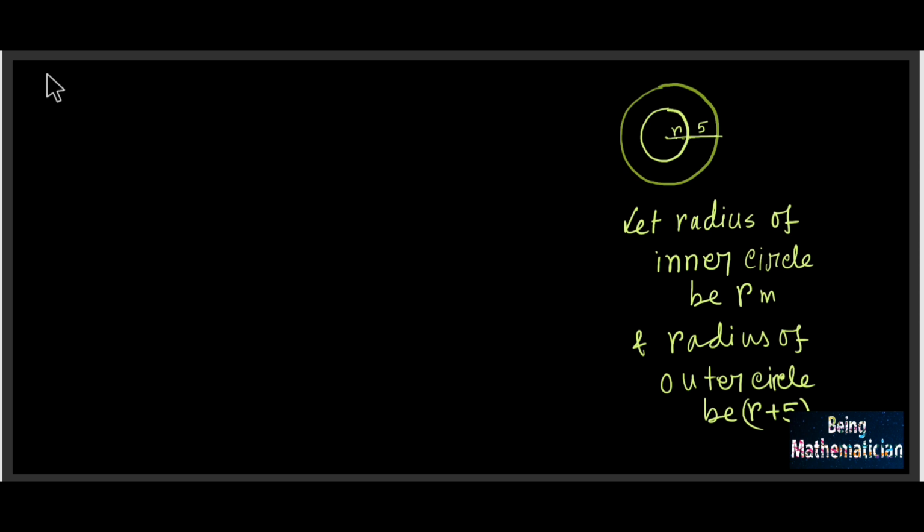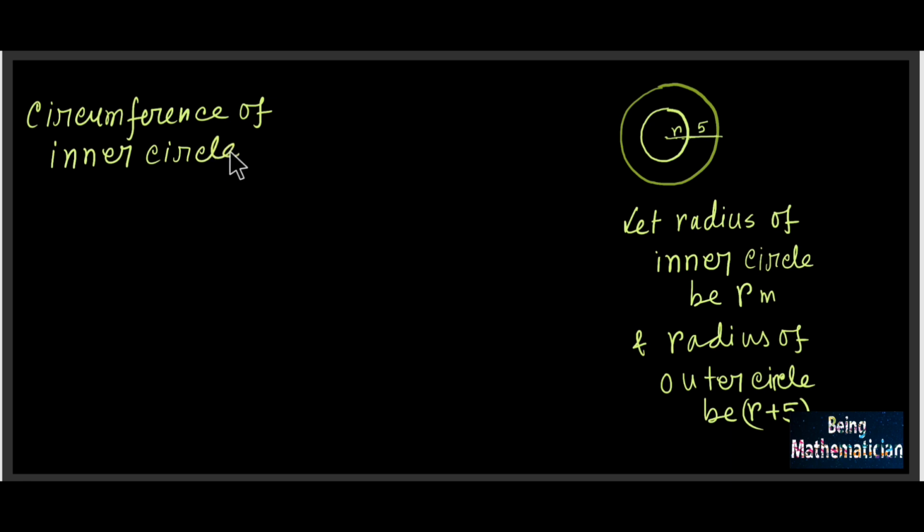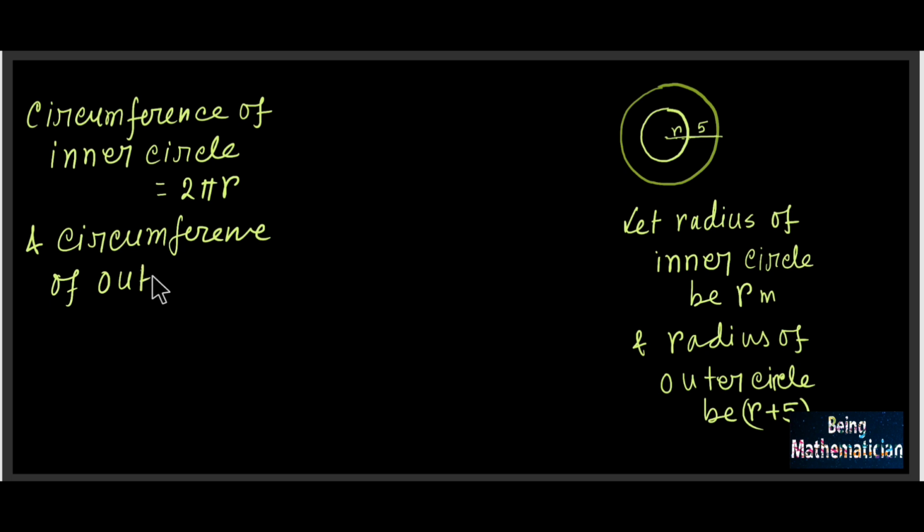Now circumference of inner circle is equal to 2 pi r and circumference of outer circle is 2 pi into r plus 5 meter.